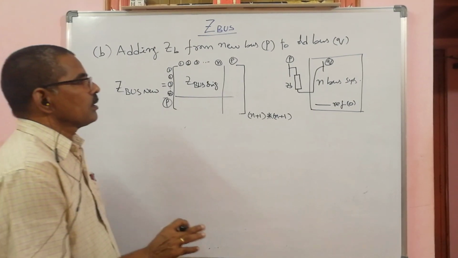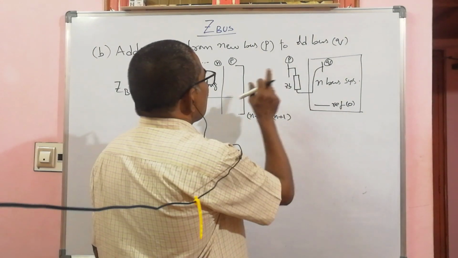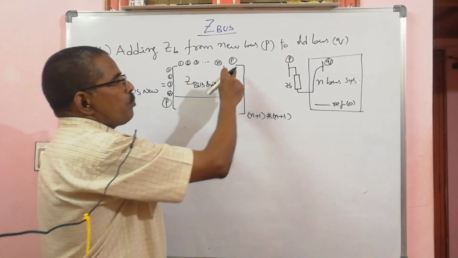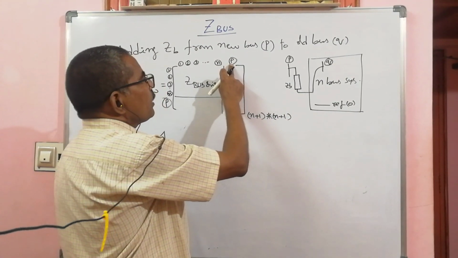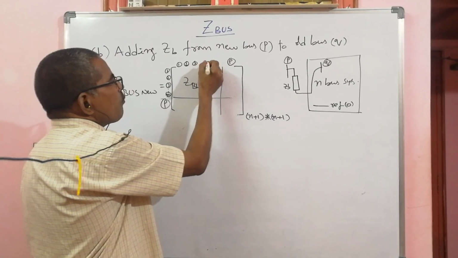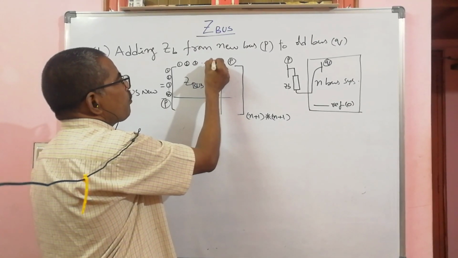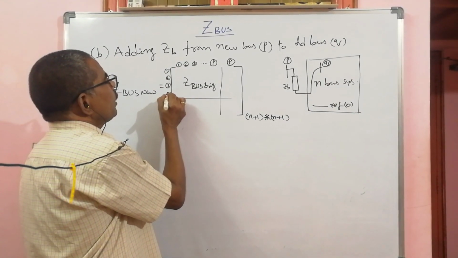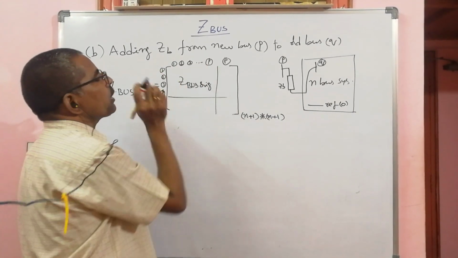This Q is already there in the system, P is the new. So you are adding between P and Q. Somewhere you will be getting the row corresponding to P, and for convenience I am keeping it at the end.